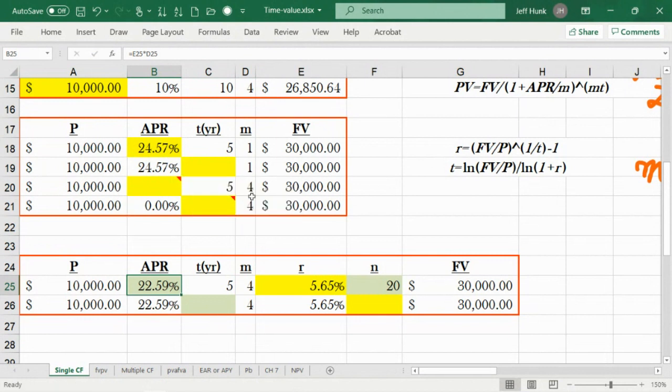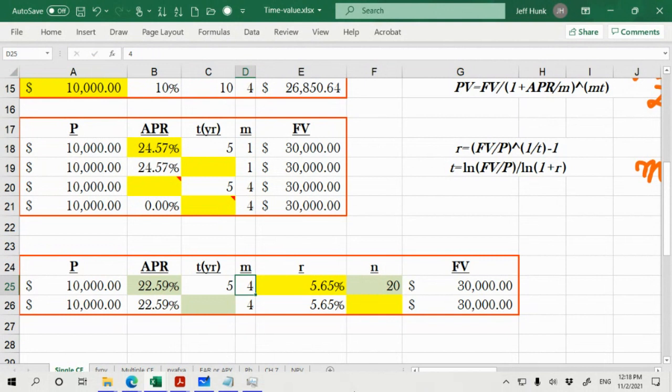Why is it different? Of course, it will have to be different because previously compounding was annual. Now compounding is quarterly, right? And remember, it will have to be mathematically true that the higher the compounding frequency, in other words, the more compounding per year, the greater the future value.